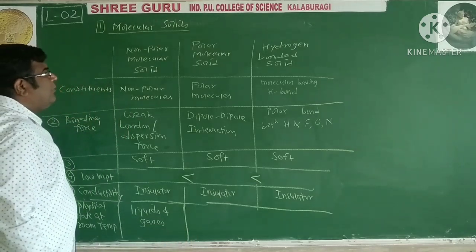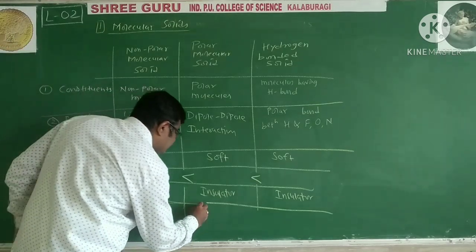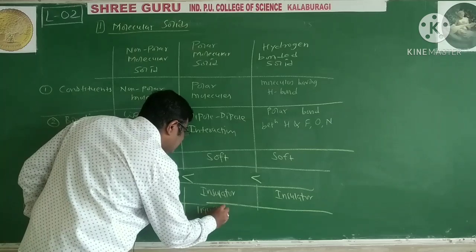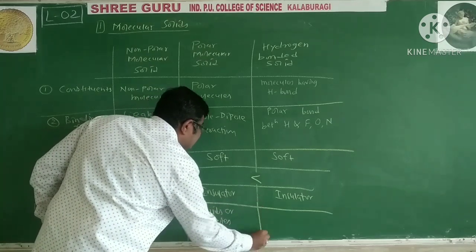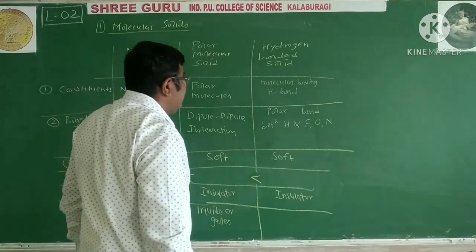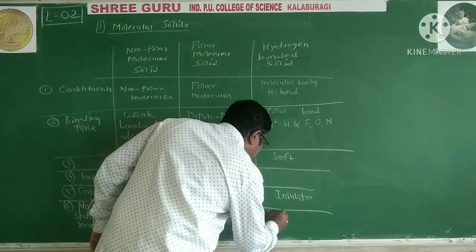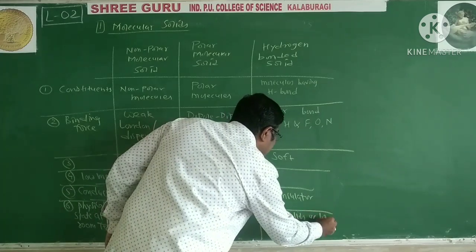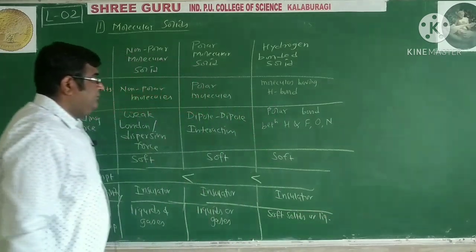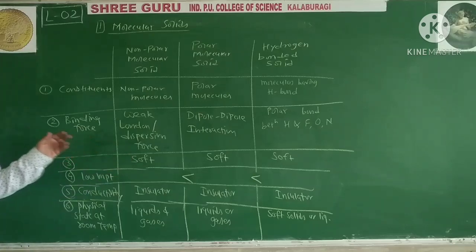In case of polar molecular solids also, liquids or gases. And in hydrogen bonding, you can say that they are either soft solids or liquids, because hydrogen bond is relatively stronger.